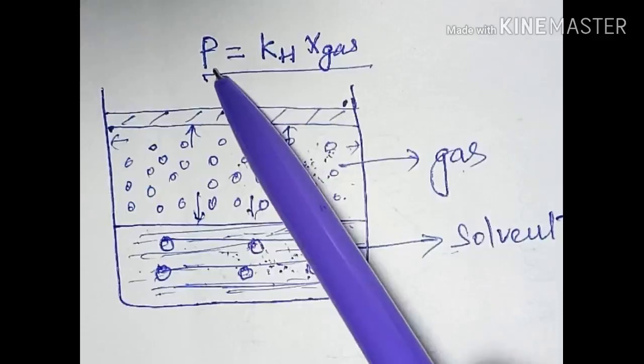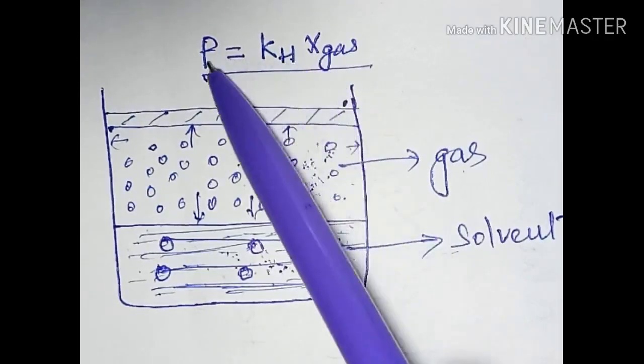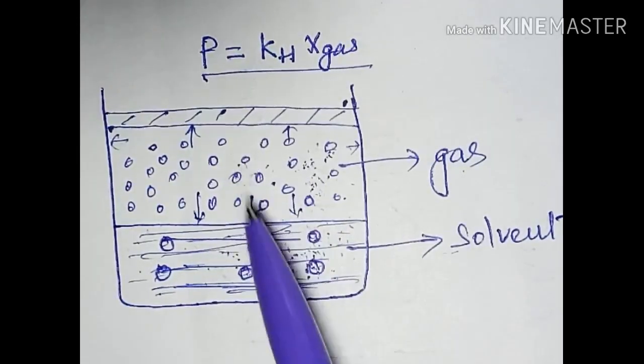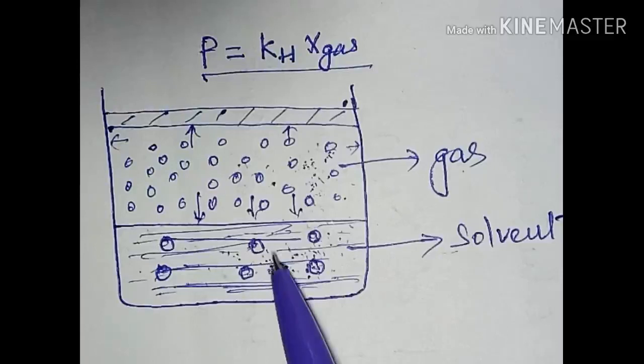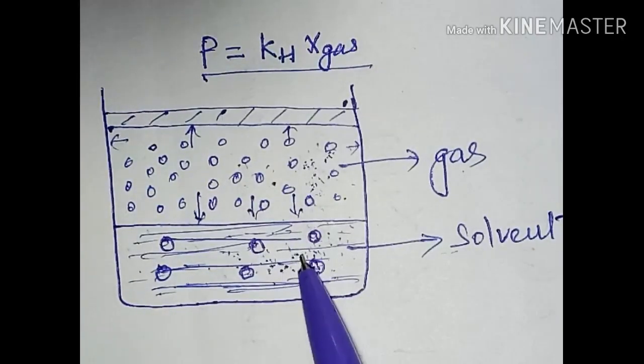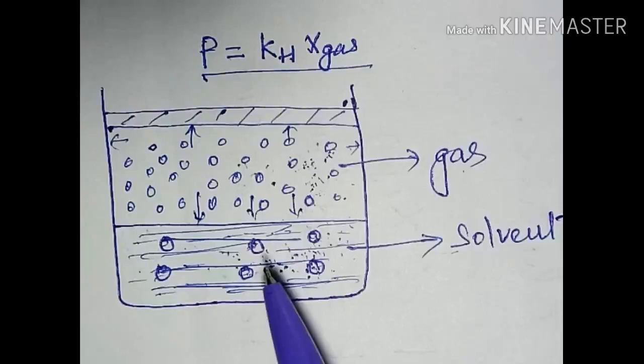So Henry's law implies that the higher the partial pressure of the gas, the more gas will dissolve. If the partial pressure is lowered, the amount of gas dissolved gets lowered. And if the partial pressure is increased, the amount of gas dissolved will increase.